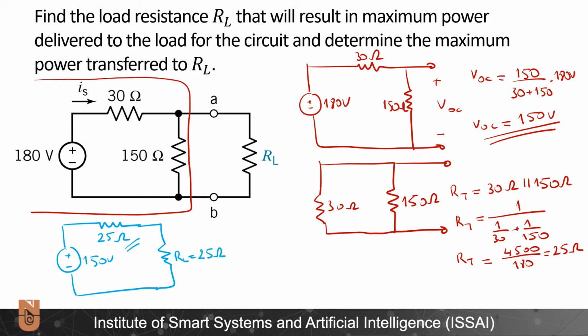And in this case, the power transferred, Pmax, will be equal to the current passing through this circuit, 150 volts divided by 50 ohms, squared, times 25 ohms, I squared times R. So here I have 225 watts. This will be the maximum power transfer to this load for this circuit.